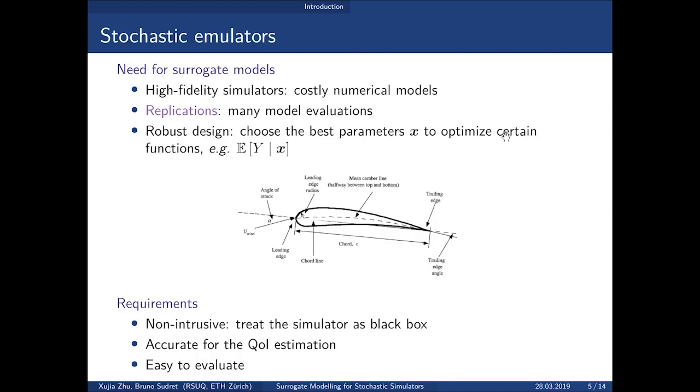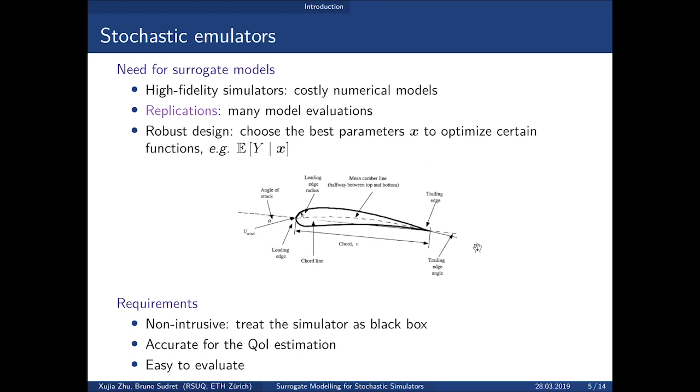As is well known, high-fidelity simulators can be very costly. Due to the random nature, stochastic simulators should be repeatedly run many times with the same input parameters to fully characterize the output. Moreover, in the context of robust design, we want to choose the best parameters x to optimize certain functions. Suppose that we are designing the wings of an aircraft.